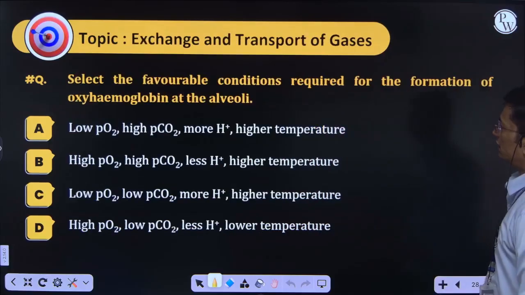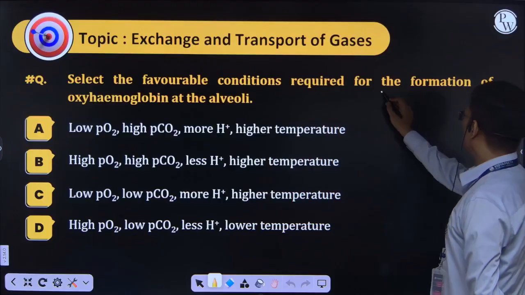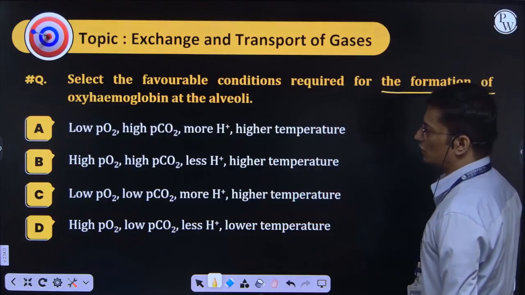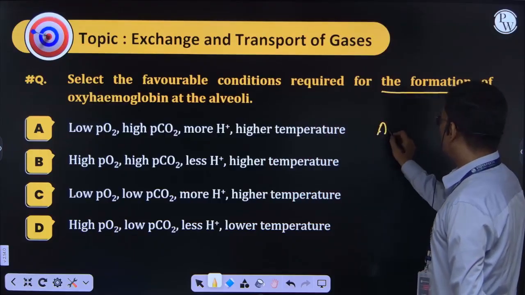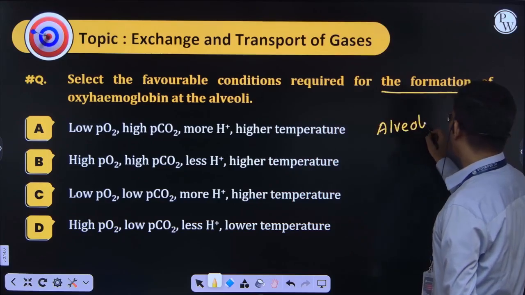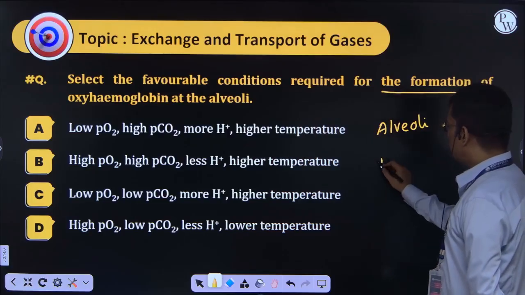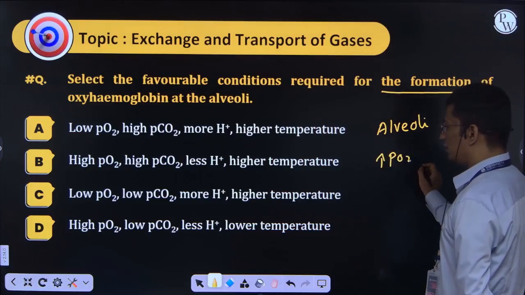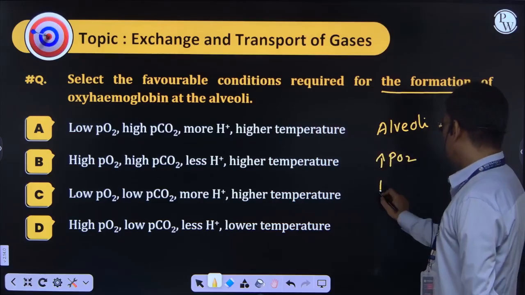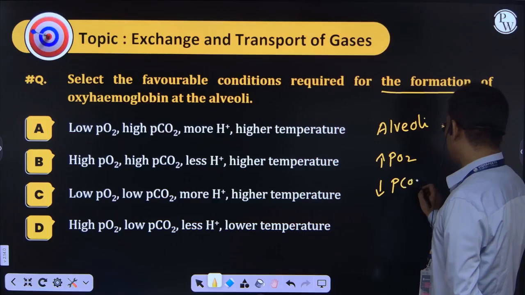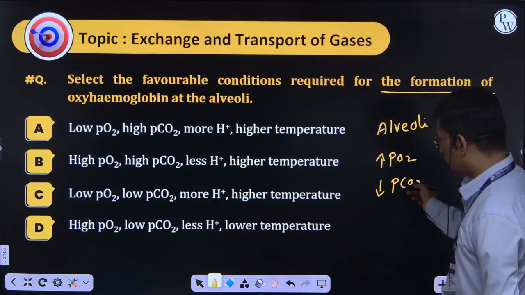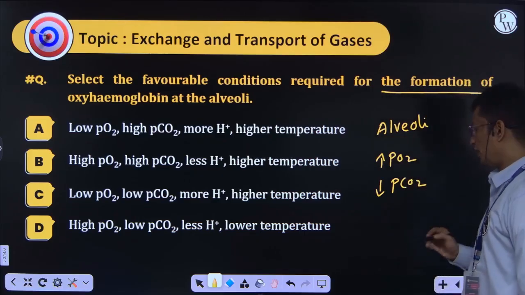Next one. Select the favorable condition required for the formation of oxyhemoglobin. So oxyhemoglobin is formed on the alveolar surface. In alveoli, oxyhemoglobin formation takes place. So in alveoli, the partial pressure of oxygen will be high, and the partial pressure of carbon dioxide will be less. If the partial pressure of carbon dioxide is less, what will happen?